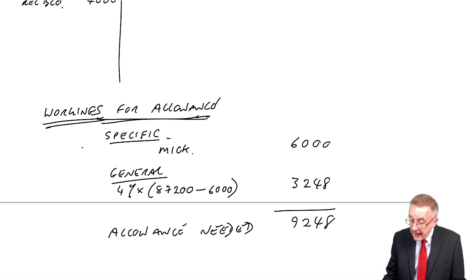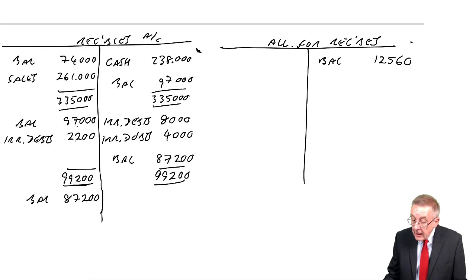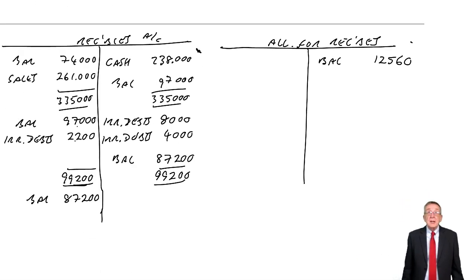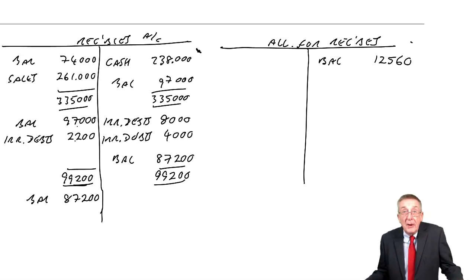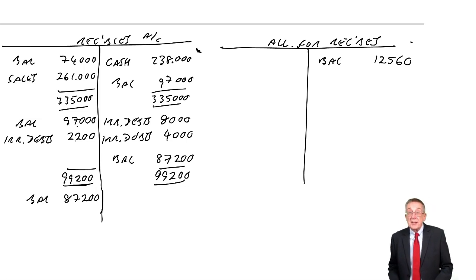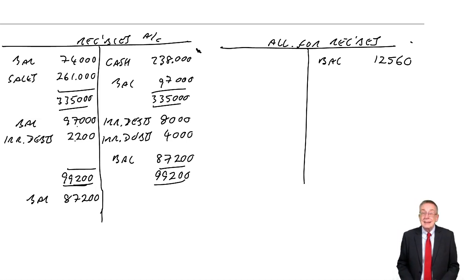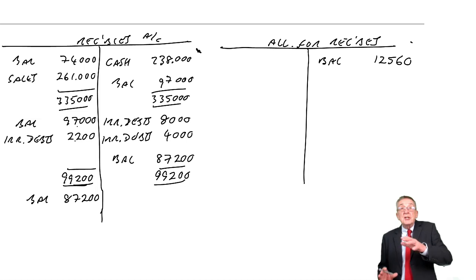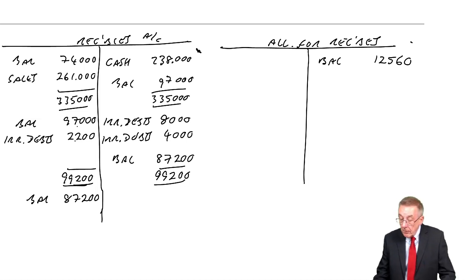Well, you have two choices, but the end result will be the same. If you want, remove the 12,560 because it's not there anymore. And so debit allowance, credit irrecoverable debts, and then create the figure we want, 9,248. More sensibly, and much better for the exam, is we just change it to what we want.